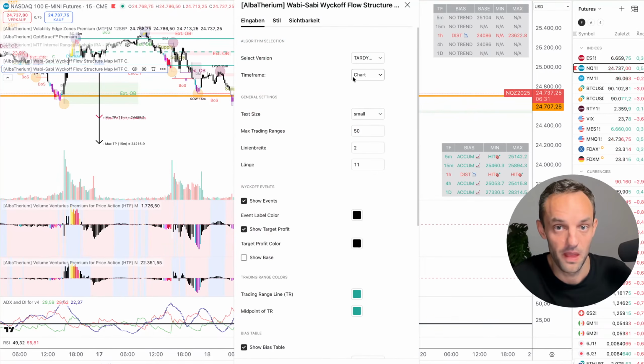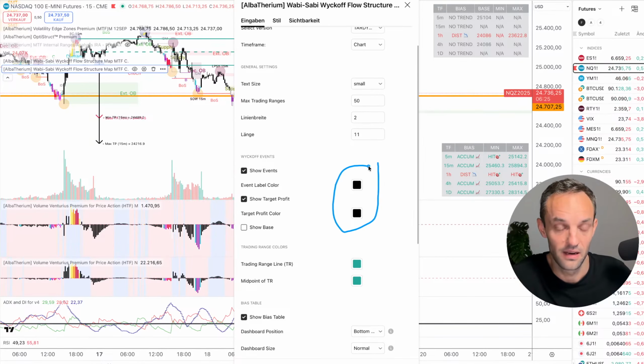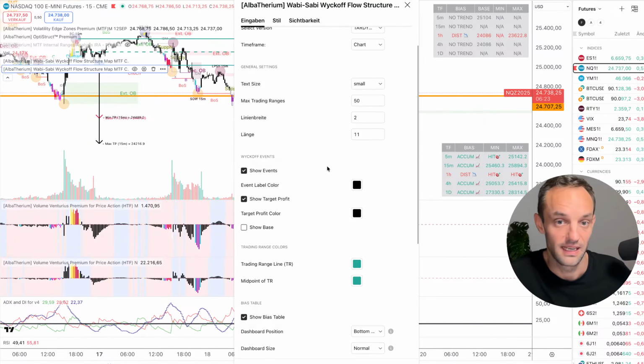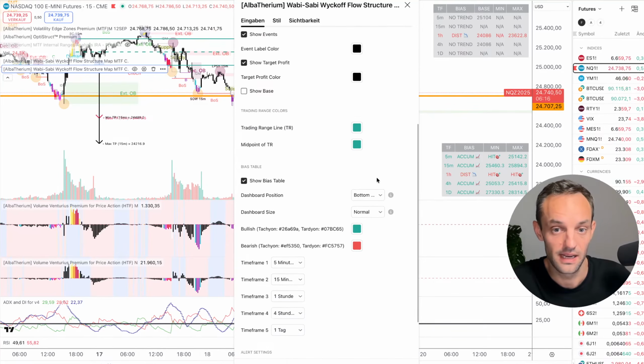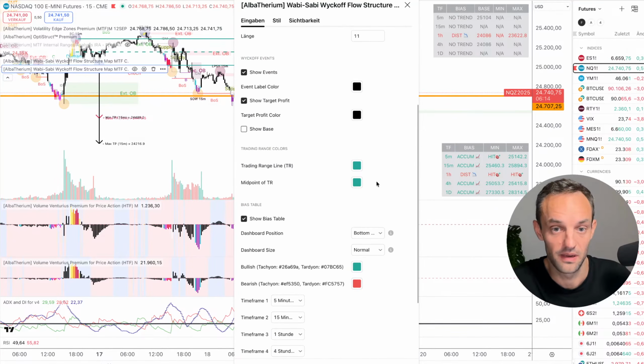So here I use, for example, the Tardion, second one. And everything is the same except the color. I made the color for the event labels and for the profit black. So this is the difference, and everything is the same. And the bias table, I showed it in the bottom right.